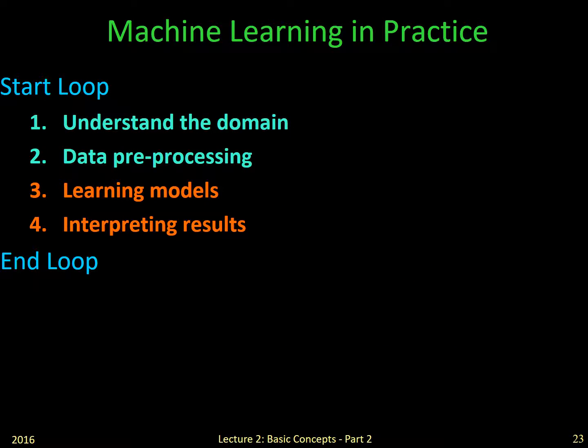When we do machine learning practice, we normally follow a number of steps. First of all, we must make sure that we understand the domain. If we are linguists and we want to do word sense disambiguation, we must know word sense disambiguation very well. If we want to do parsing, we must know parsing very well. Then there is a pre-processing step where we get to know our data.